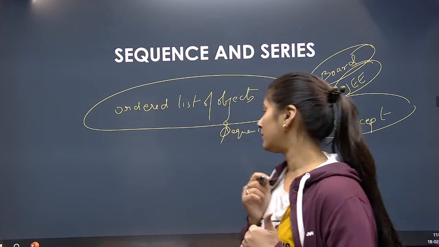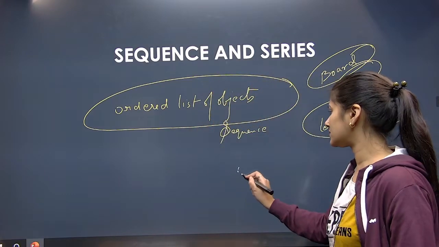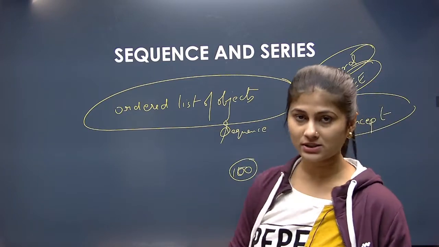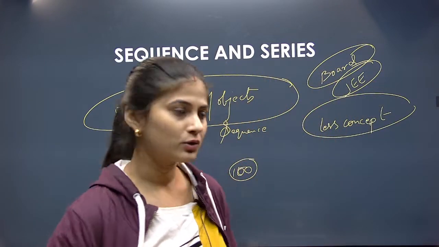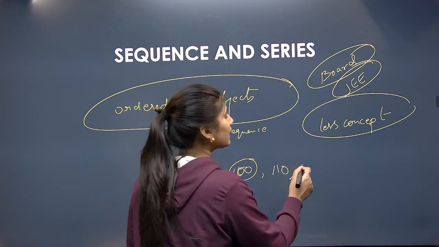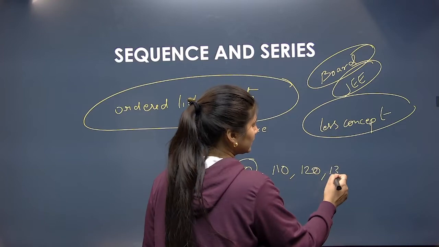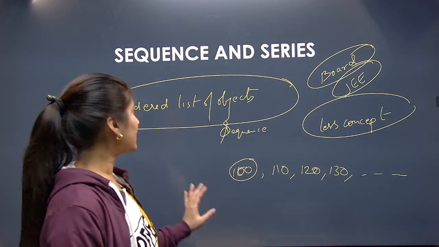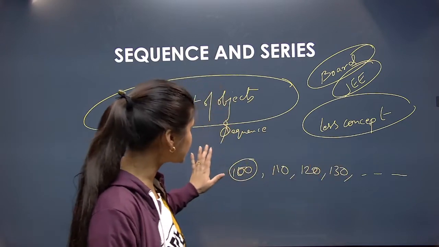Let us take an example that you have 100 rupees, and you want to deposit 10 rupees every day. So the next day you have 110, then 120, then 130, and it goes on like this. Now you can see that this sequence follows a certain pattern.